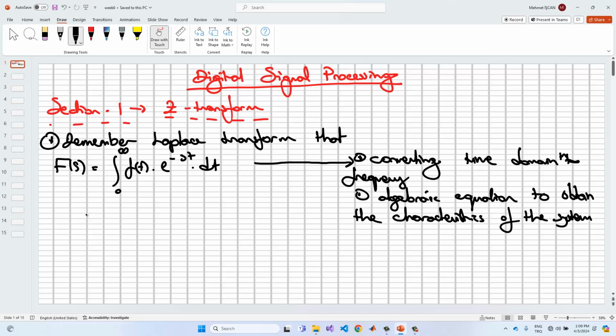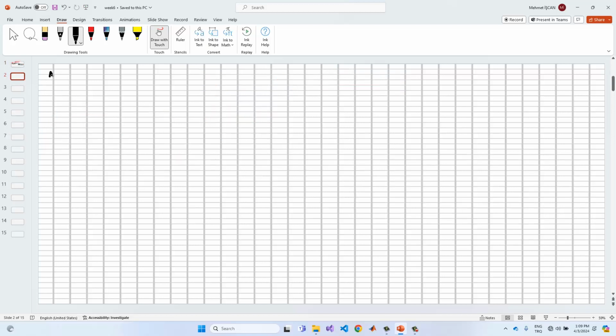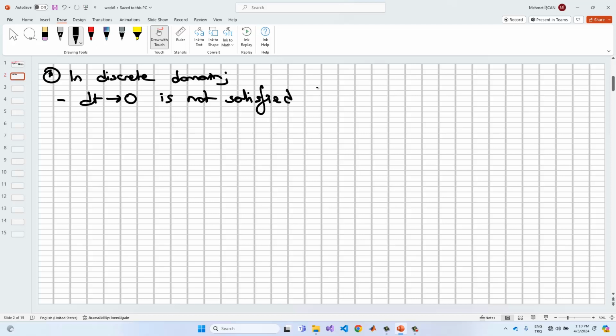But in the discrete domain we have different properties. Okay, in the discrete domain we have different features. First of all, in the continuous time domain, the dt or the sampling time is going to 0, but this is not satisfied in discrete time, and we have only the instant value at each step.